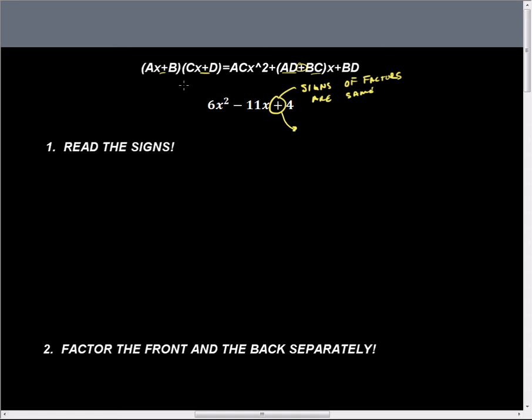It will make your job a heck of a lot easier down the road. Plus, it'll make these sign rules make more sense. So with A and C positive, if B and D are the same sign, then they will add in order to combine themselves to make that middle term. So this sign also says that you add those two factors, or I'm going to call them mixed pairs.